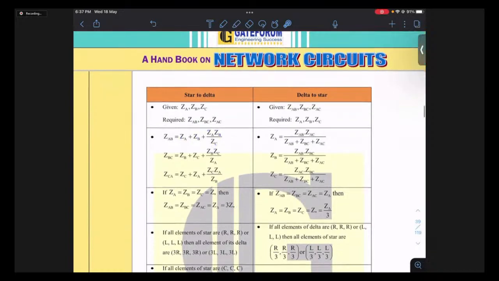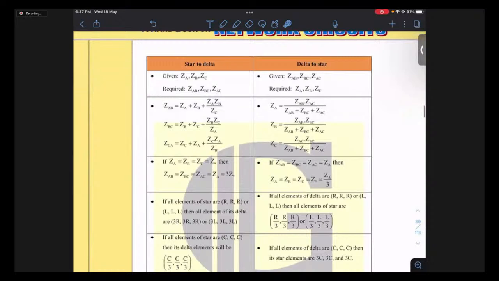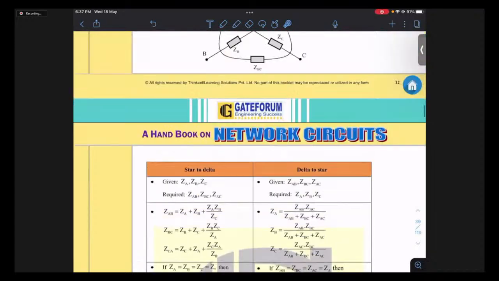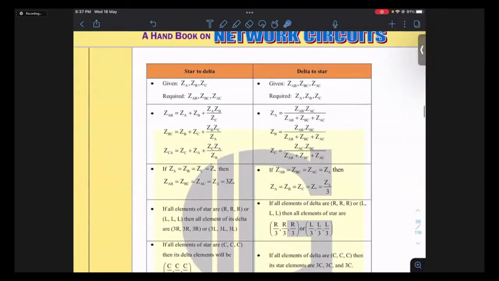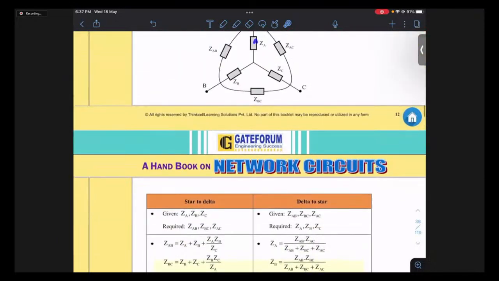Okay. So if all elements of the star are R, or L, L, L, I mean if all these elements are either resistors or inductors, and their value is R, then the corresponding delta elements will be 3R, 3R, 3R. Or if they're L, L, L, the corresponding inductors in the delta are 3L, 3L, and 3L.